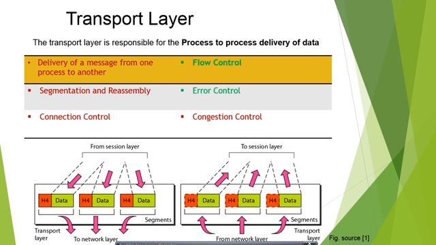The other responsibility of the transport layer is connection control. The transport layer can be either connection oriented or connectionless. In case of a connectionless transport layer, each segment is treated as an independent packet and delivered to the transport layer at the destination machine. Whereas in case of a connection-oriented transport layer, the segments are delivered to the destination machine using a three-way handshake.